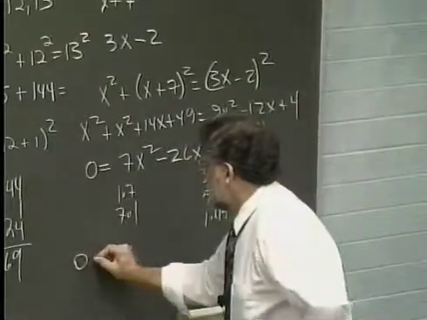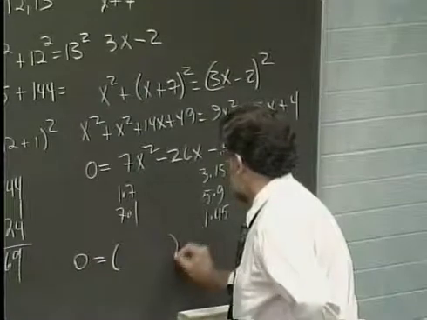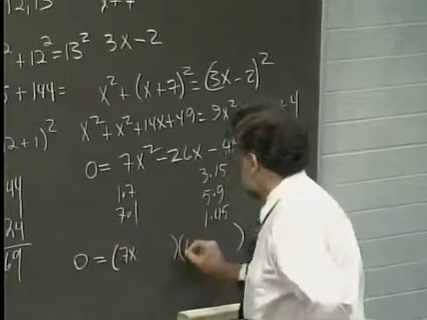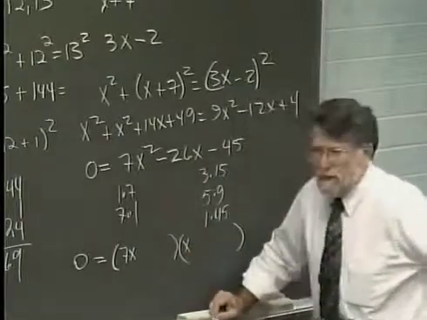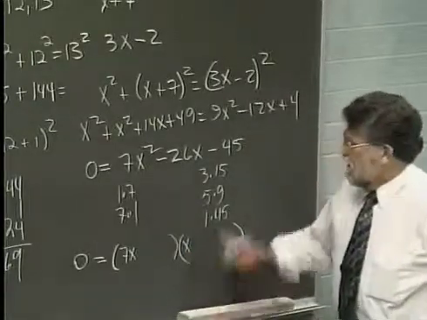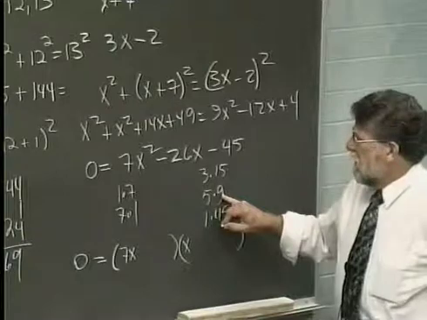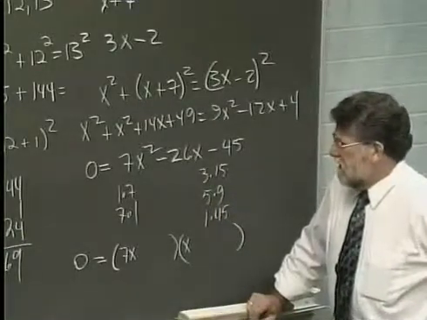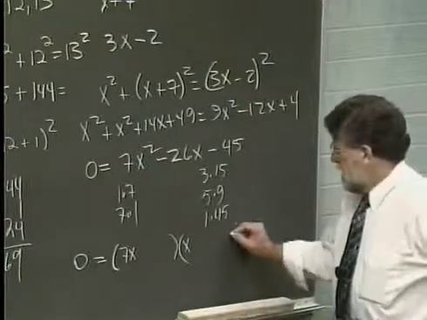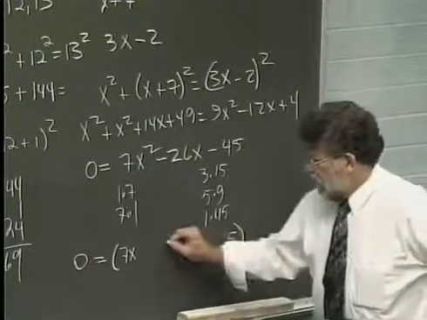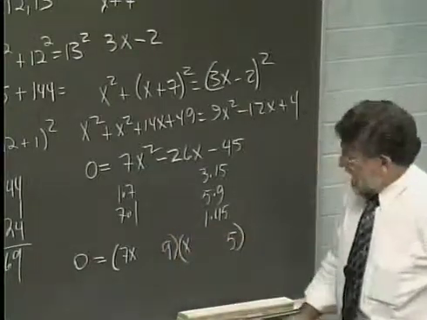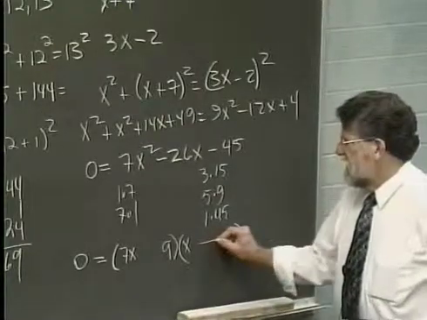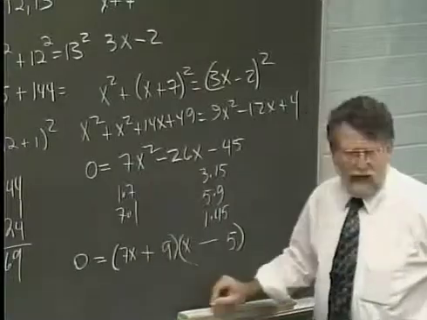So 0 is equal to, so we said we'd have a 7x and an x, then what? We said we'd have the 5 and the 9, and I wanted the 5 times the 7 and the 9 in here, and I need a negative 26. So this has to be the negative, this has to be the plus.